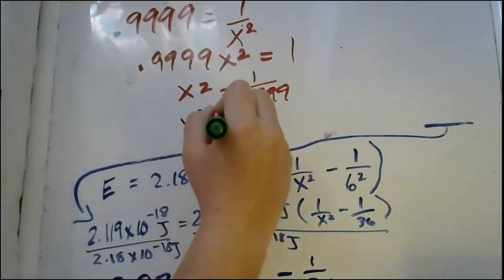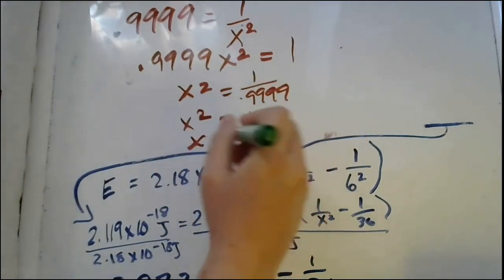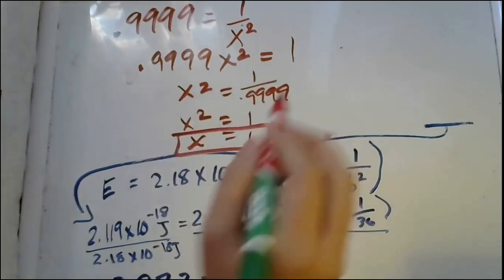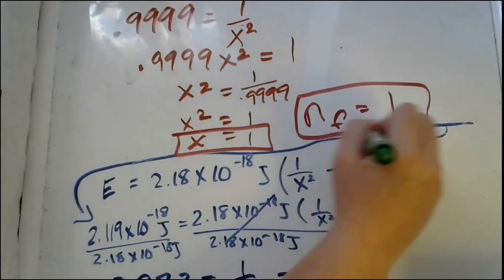So x squared equals just about 1. If we take the square root of that, it's going to equal 1. So our n final is level 1.